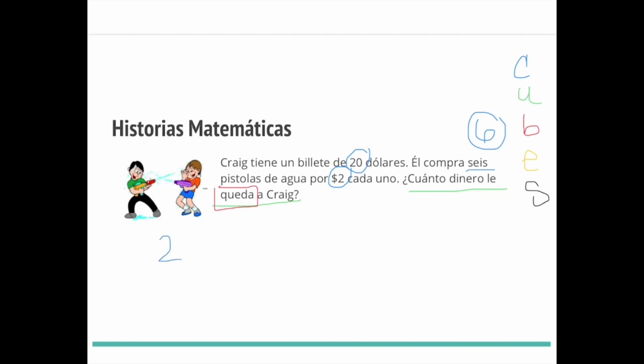Craig tiene $20. Él compró 6 pistolas de agua por $2 cada una y quiero saber cuánto dinero le queda. Para saber cuánto dinero le queda, primero tengo que saber cuánto dinero gastó.